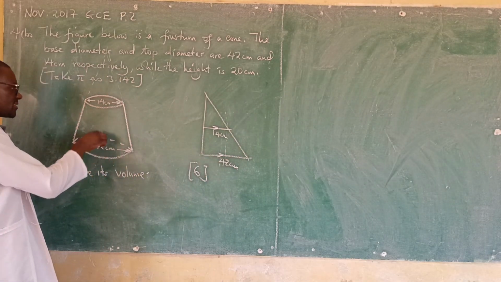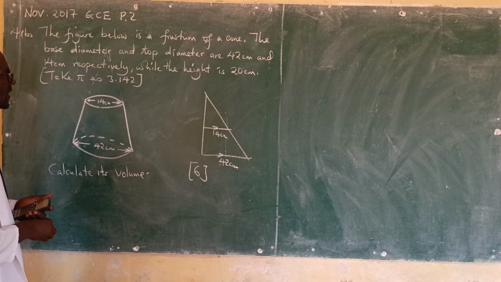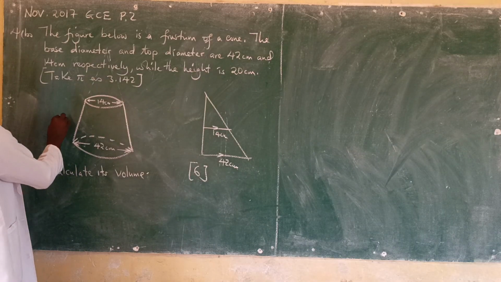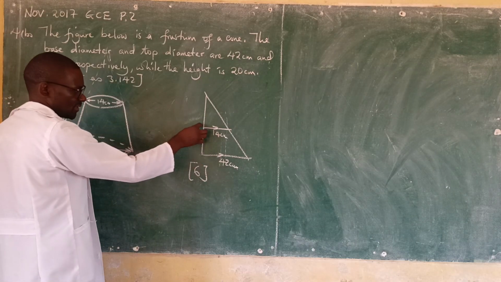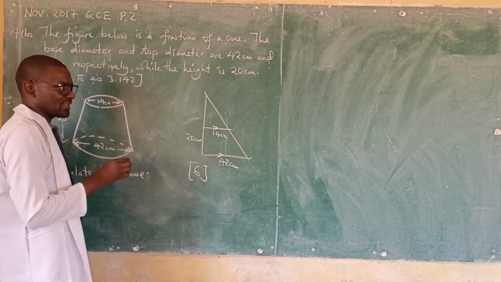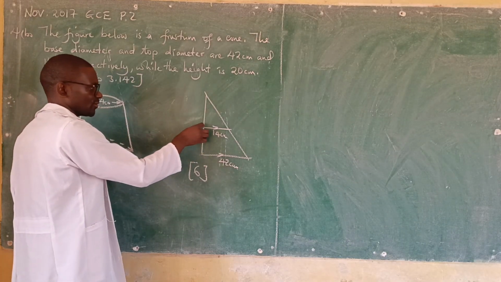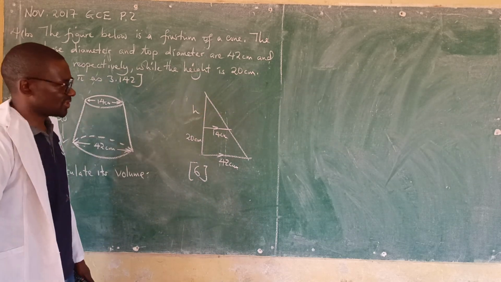Then the height of the frustum, we are told it is 20. So we have 20 as height, from here up to there, 20 centimeters. Now we'll be required to find the height of this part, which let me just put small letter h.